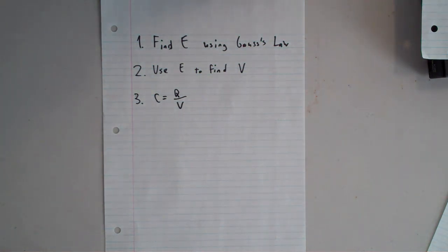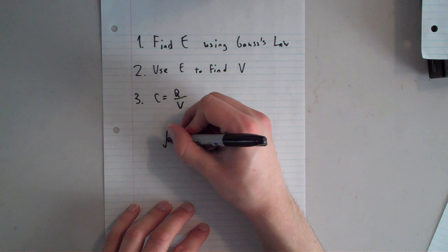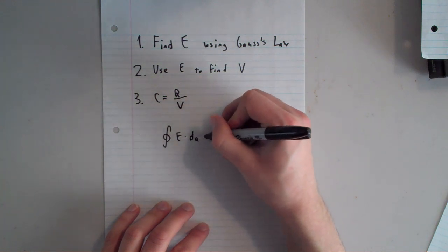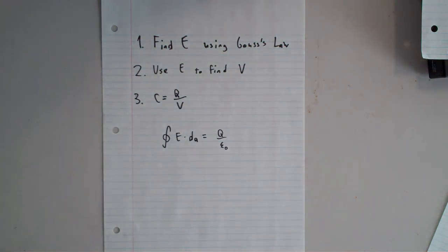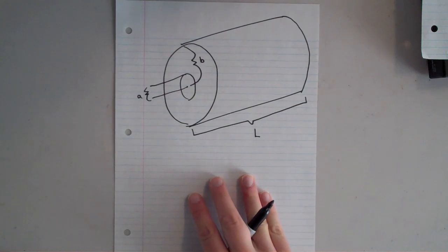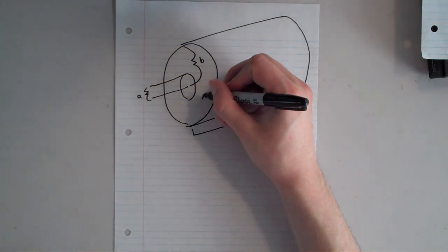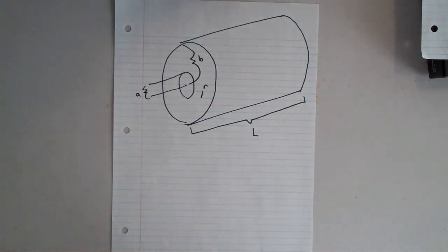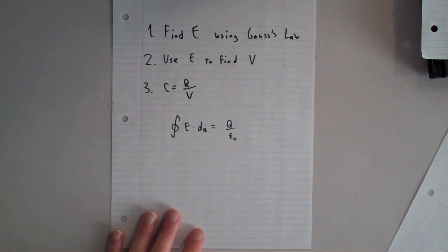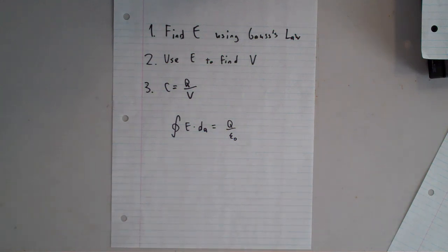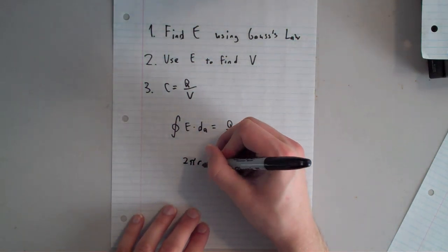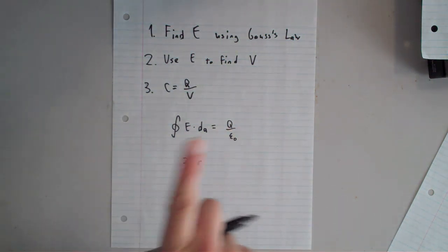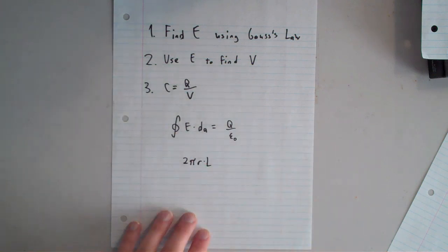Okay, cool. So first we're going to find E using Gauss's law. Gauss's law is the integral of E dA equals Q over epsilon naught. Now, to get the integral of E dA in this case, with this cylindrical shell at an arbitrary radius R, you would just find the side surface area of that cylindrical shell of radius r, which would be 2 pi r, the circumference of that ring shell, times L, the length of that ring shell.